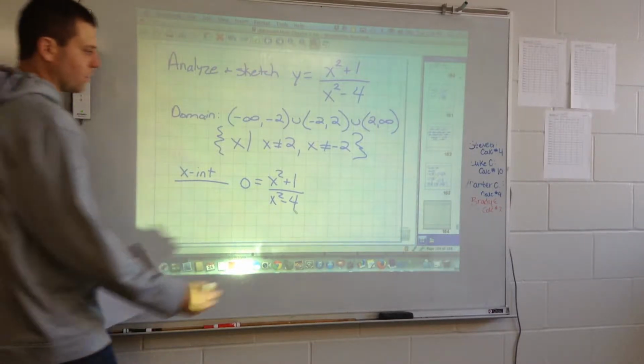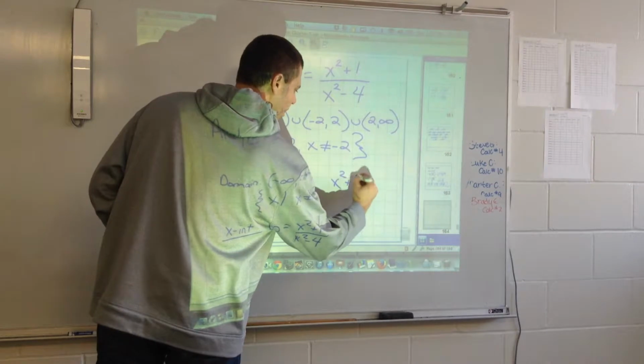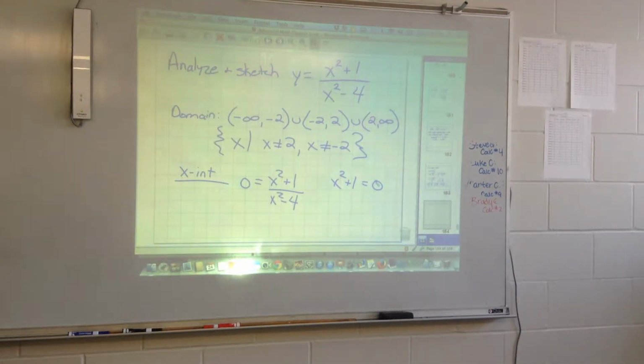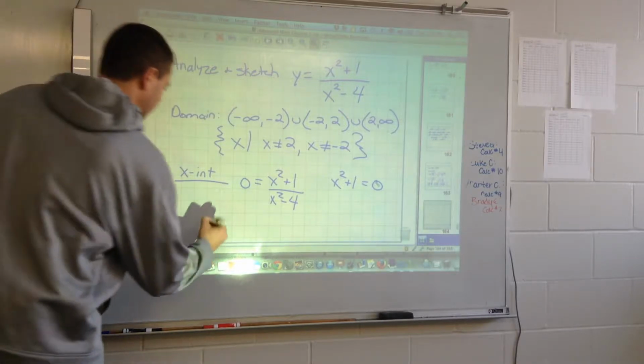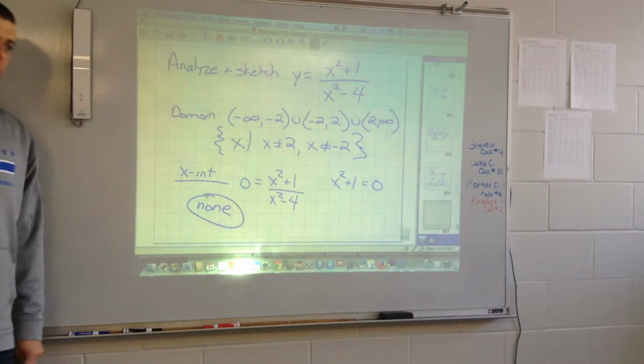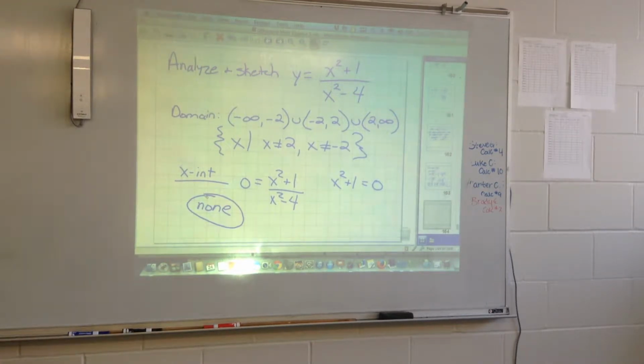So in other words, x squared plus 1 would have to equal 0. Subtract 1, and you get the square root of negative 1. That is not a real number, so therefore there are no x-intercepts. So this graph will not cross the x-axis.